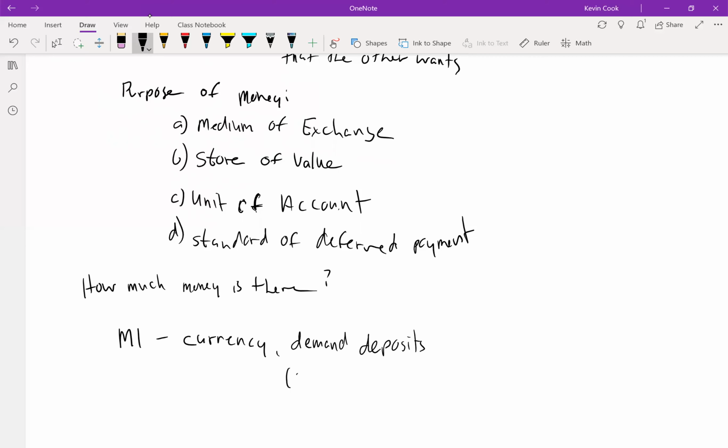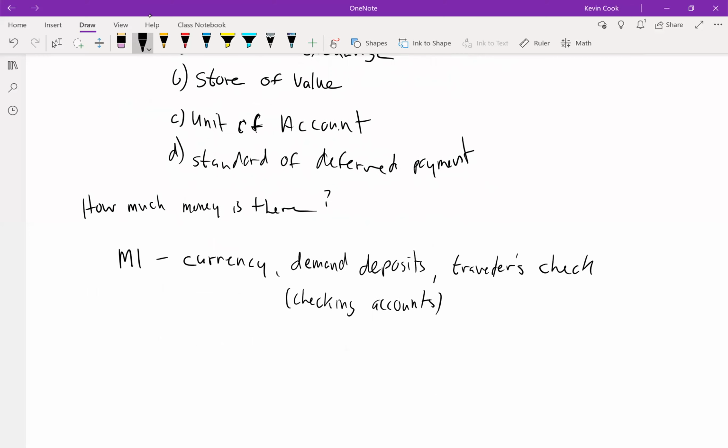And these demand deposits were things like checking accounts, primarily checking accounts, money that I can access on demand. So we have currency, demand deposits, and our traveler's checks or a certified check. And the idea of the traveler's check again is something where the money has already been paid for. That is, the money has already been taken out of your account, and the bank certifies that that money is there.